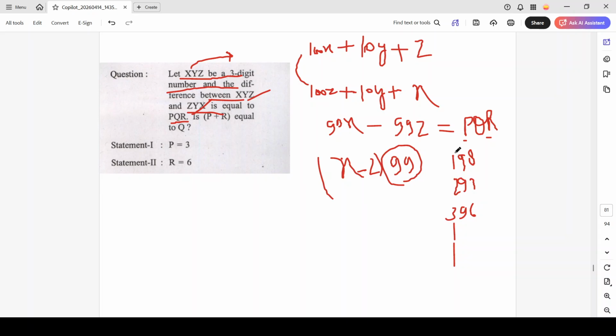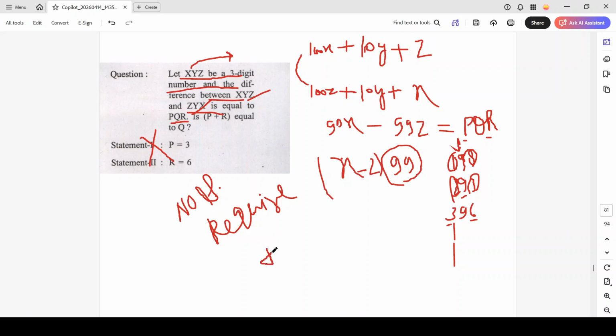Now in each case we see that P plus R is equal to 9, that is equal to Q. And in this case also P plus R is 9, equal to Q. And in this case 6 plus 3 is 9. That means we don't need these statements to answer this question. So no statement is required to answer.